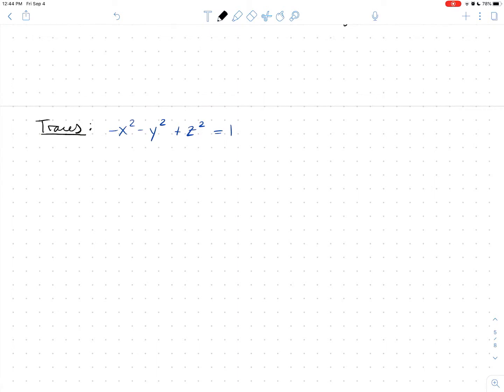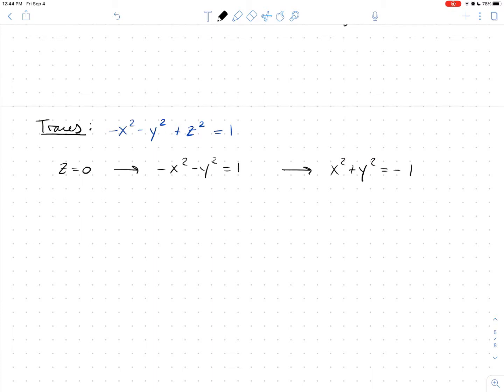It's pretty nice. All right, so what I want you to realize is, for example, if I let z be 0, then I get negative x squared minus y squared equals 1, which is the same as x squared plus y squared equals negative 1, and you should have all kinds of little alarms going off in your head.